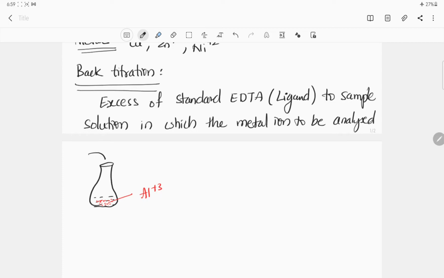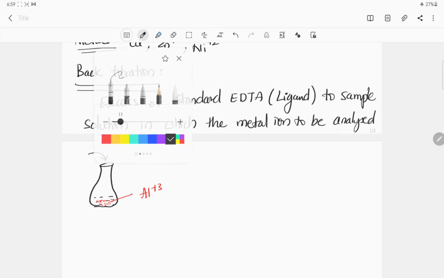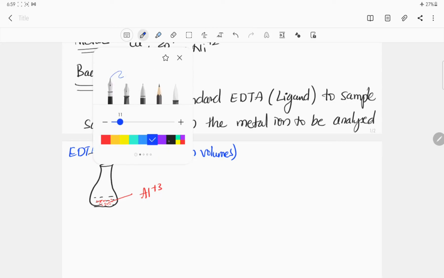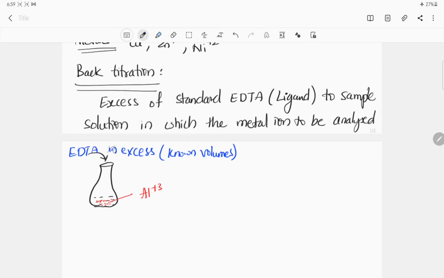We have added excess of ligand, EDTA in excess, that too of known volume. Whenever we have added the excess of EDTA to the sample, the EDTA will react with the metal which is present in the sample and it will form a complex. So aluminium EDTA complex will form.